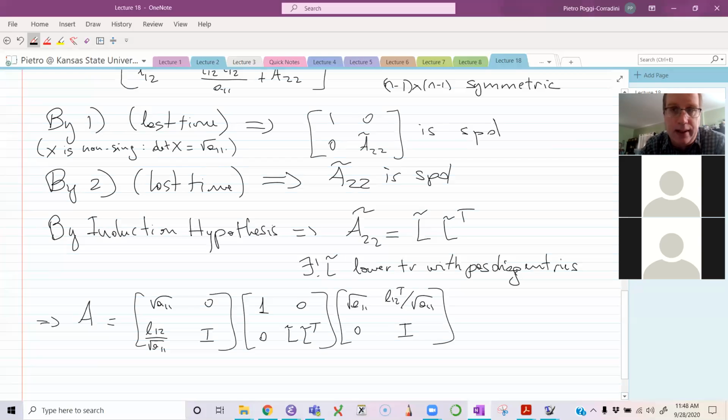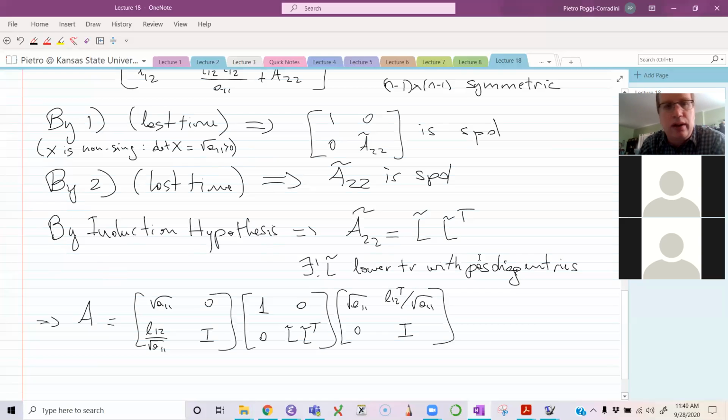Right, for triangular matrices, the determinant is just the product of the diagonal elements. And so here the product of the diagonal elements is just root A11. Stop me if I'm going too fast here.